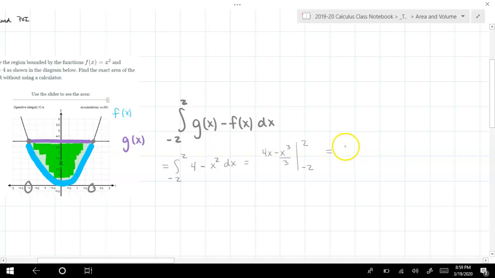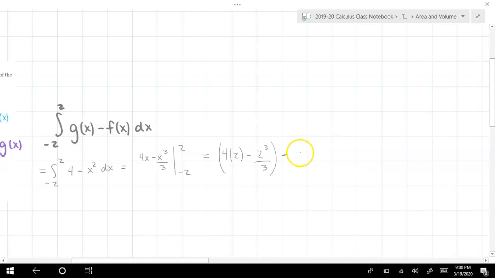So we'll have, just write it out, sub in 2, the upper limit, minus sub in -2, and then we just have some algebra to do. 8 minus 8/3 minus -8 minus -8/3, so that's going to be plus 8/3.